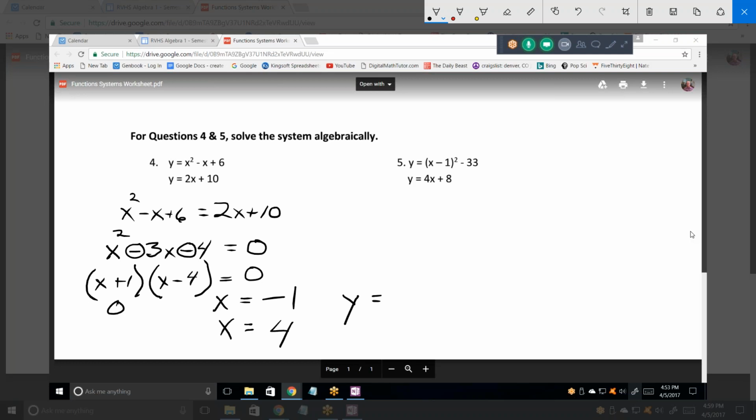Second one's a lot simpler. It's the same y. So we can plug it into either one. But notice that we have to substitute minus 1 for x. Well, which one is the easier math? The top one or the bottom one? The bottom one. Okay. So what's y when x is minus 1?